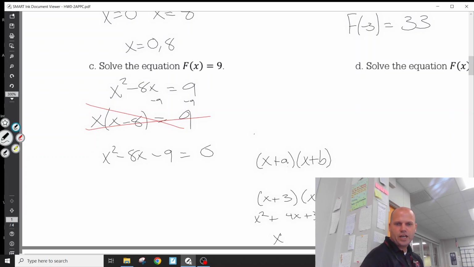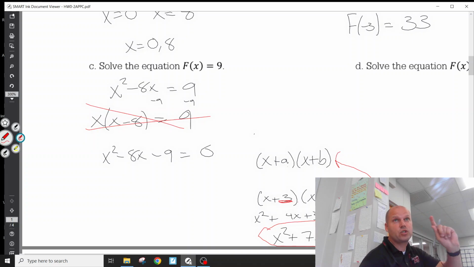Because I understand distribution, I understand that this x squared plus bx plus c can look like a product of two binomials. That's the first thing I know.